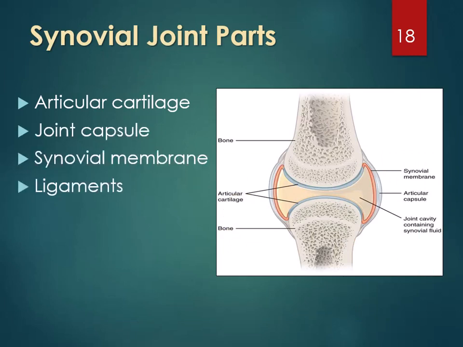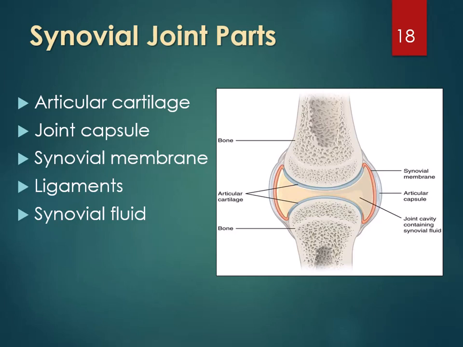So, a synovial joint has two bones, and each bone is covered by articular cartilage, and that's in blue in this picture here, with a space in the middle called a joint cavity or a joint capsule filled with synovial fluid. Okay? And that cushions, protects, and lubricates the end of the bone so they can easily move against each other.